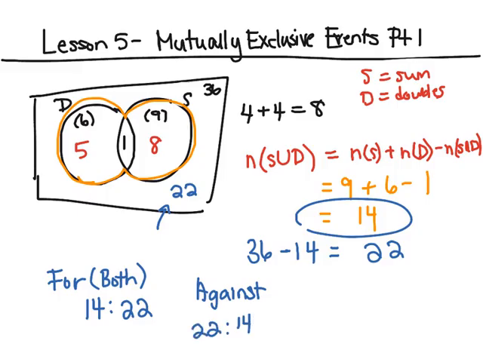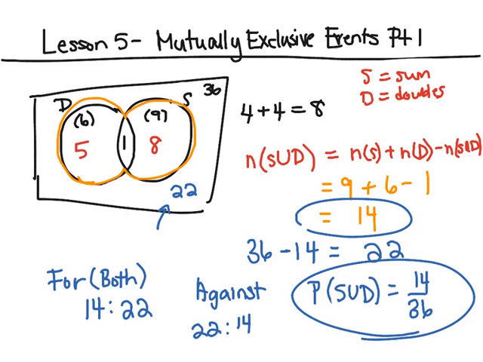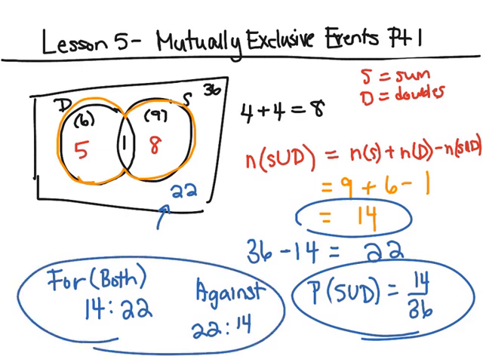And if we wanted to find the probability of both, I guess I could write that. So sum or doubles, you could get either or, is 14 out of 36. So there's our probabilities and our odds for and against.